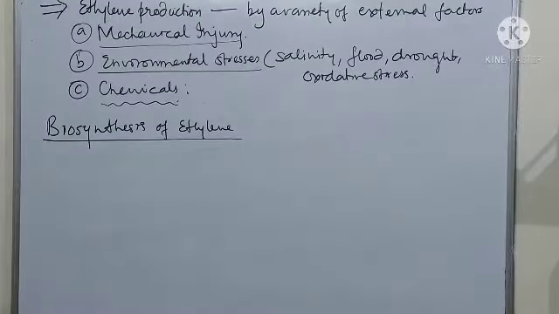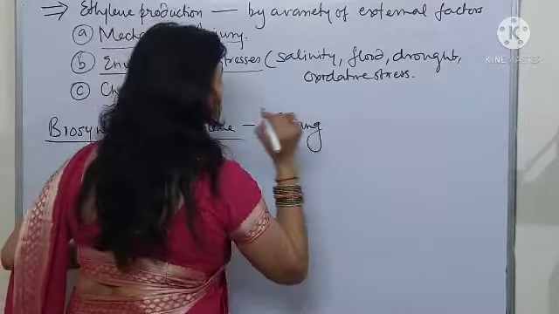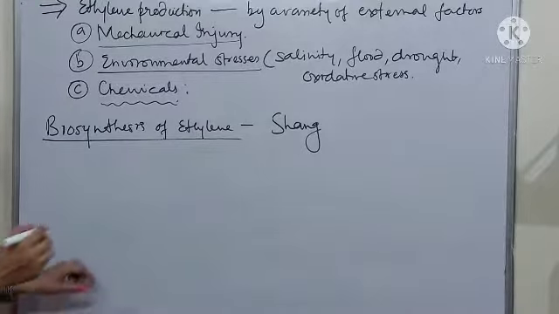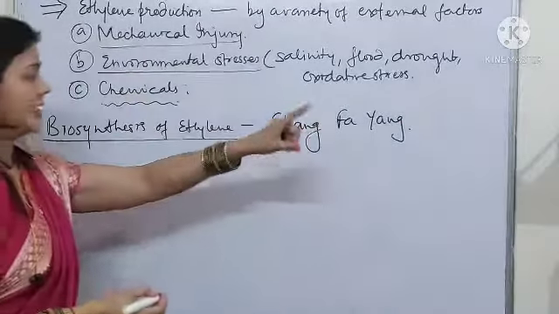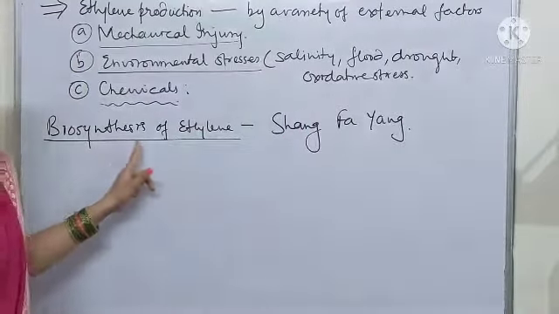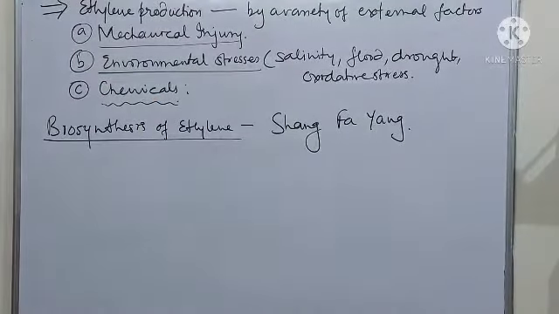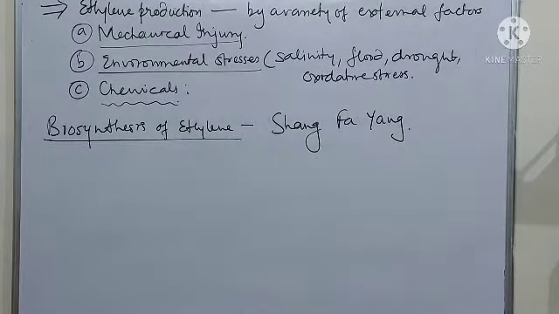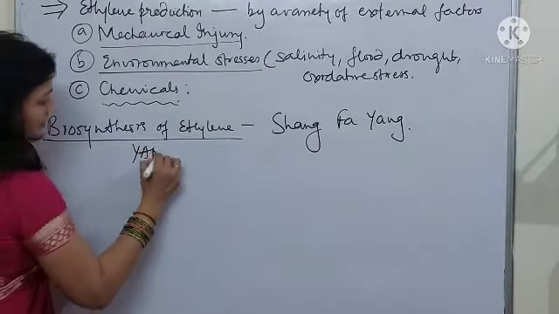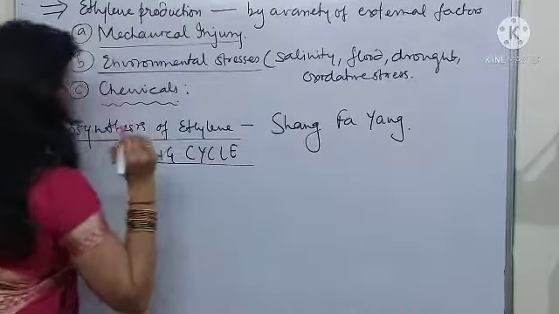So, the biosynthesis of ethylene was first of all given by Young, and that is why the biosynthesis of ethylene is also known as Young cycle.